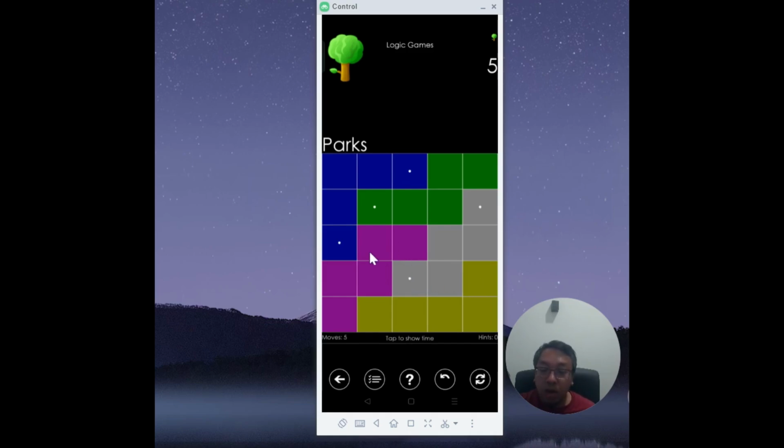Because the only available magenta will be on the bottom left for putting the tree, and for the yellow, the only available will be on the bottom right. Since both are on the bottom line, they are on the same row, we cannot have that. So it should be not available for this. Okay, it's getting much more difficult to find that.